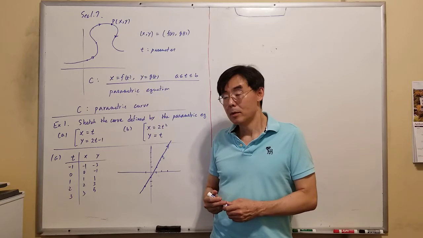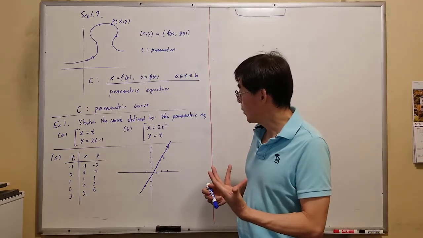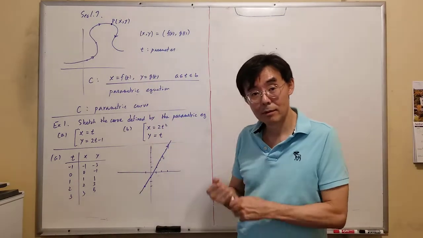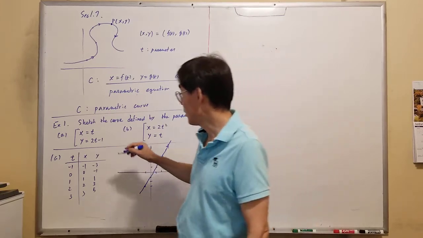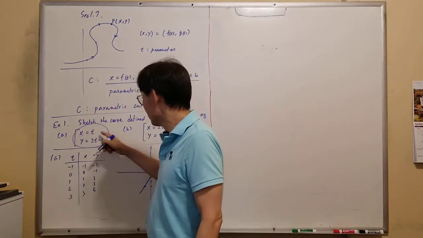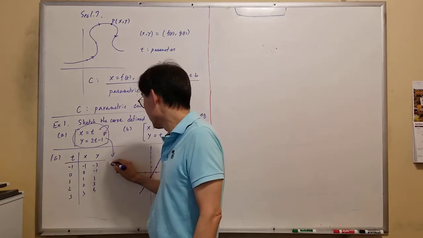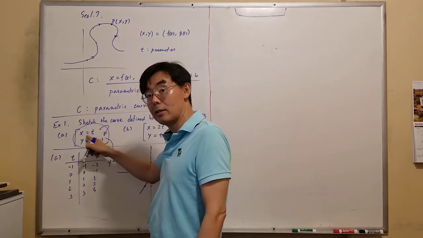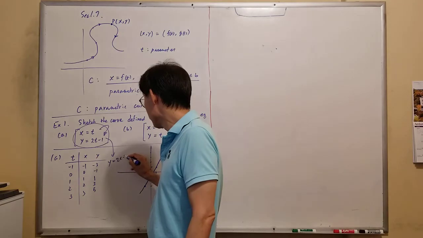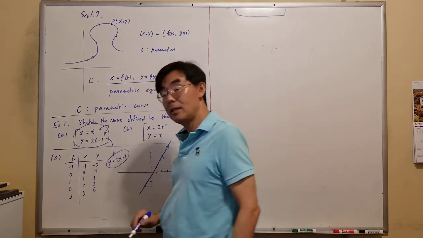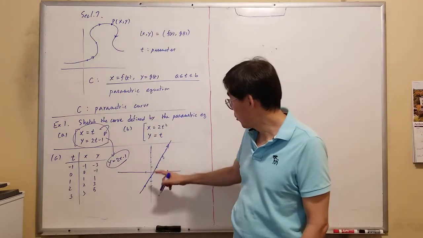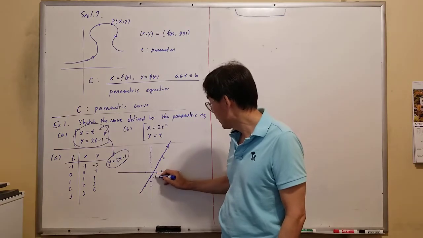So, can we have a corresponding xy equation out of this? In this case, the answer is yes. Because x equals t, we can use substitution. So what do you get? Y equals 2t minus 1 equals 2x minus 1. Yes, it is indeed a line with slope 2, y-intercept -1.